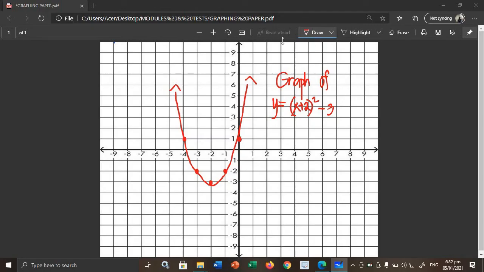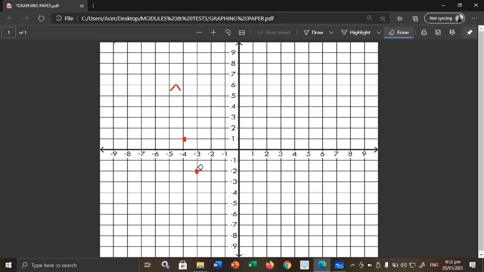So these are the ordered pairs that you need to plot to sketch the graph of this quadratic function. So let's sketch the graph. So the first one is negative 1 and 0. Then the second one is 0, 3.